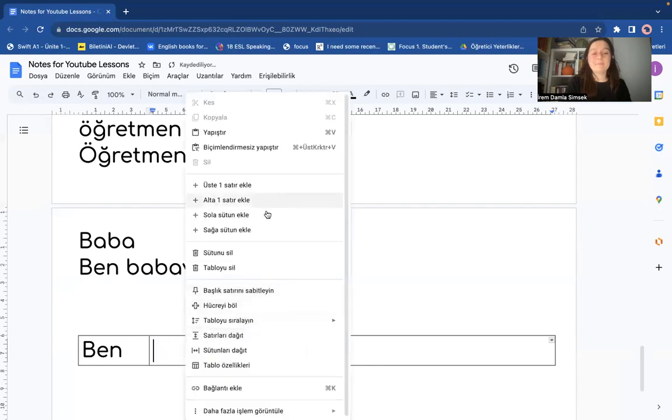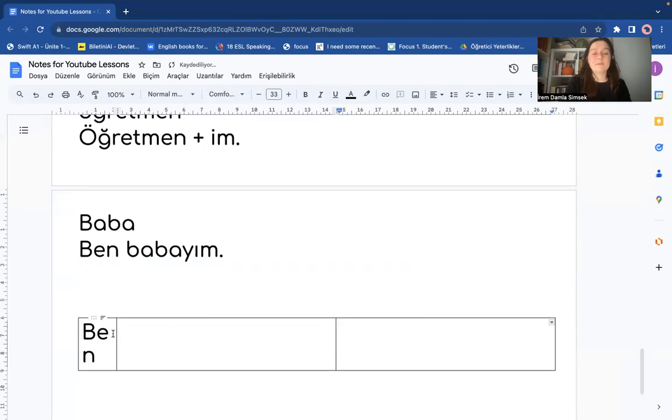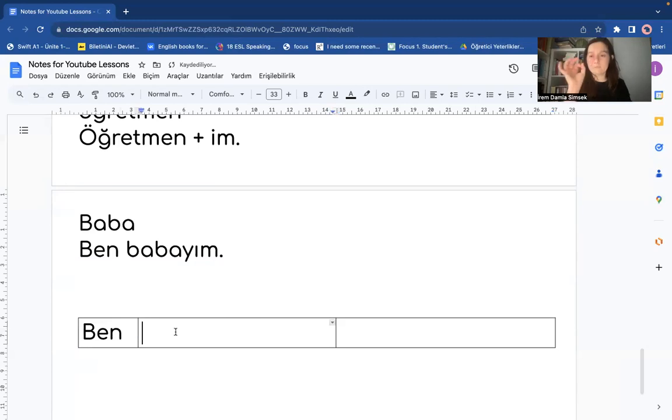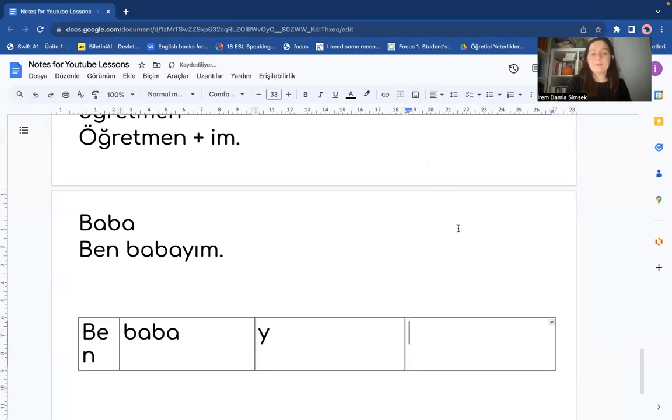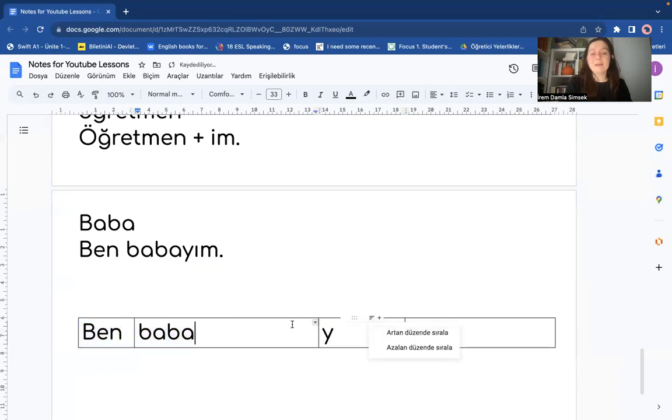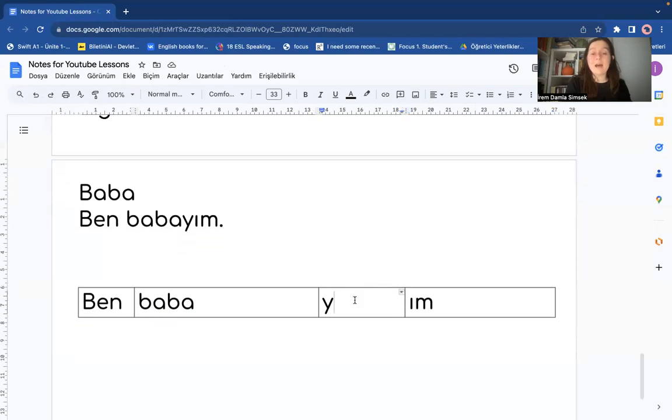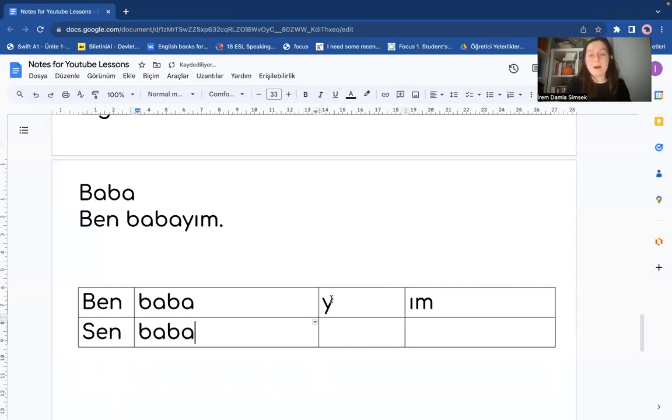Let me separate the suffixes so you understand it better. "Ben babayım." "Ben" means I. But when you say "babayım," I cannot put a and a together. That's why I need an assistant sound. But "sen baba," I don't need an assistant sound here.